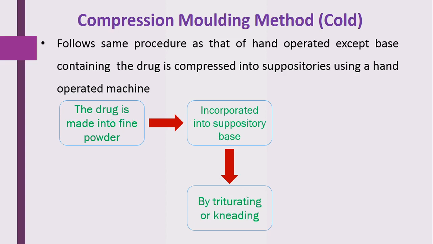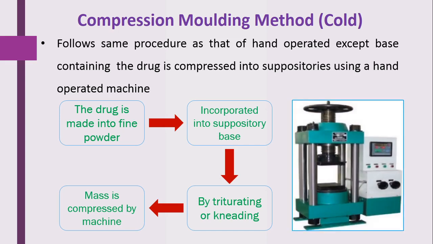Only after the preparation of the mass, that mass is filled into the cylinder and this cylinder is kept on the machine for the compression purpose. So here the mass is compressed by using the machine. After filling into the cylinder, that particular cylinder is placed in this compression machine, and the suppositories are made.